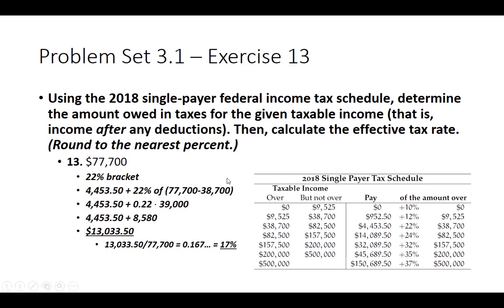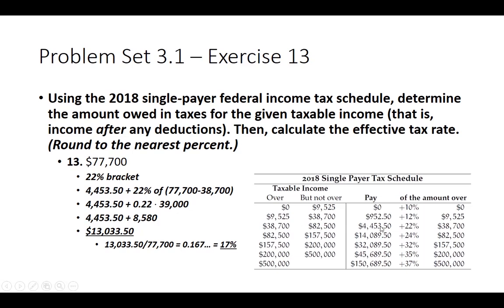Number 13. Now we have a taxable income of $77,700. This puts us in the 22% tax bracket because it falls between 38.7 and 82.5. 77.7 is between these two values.